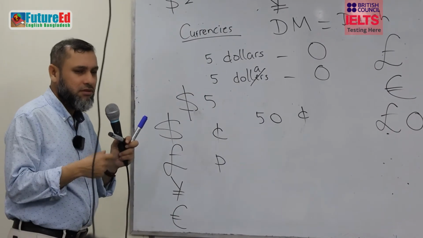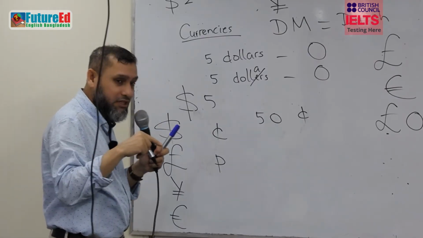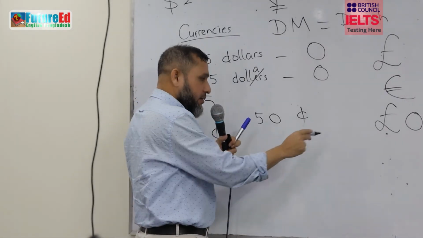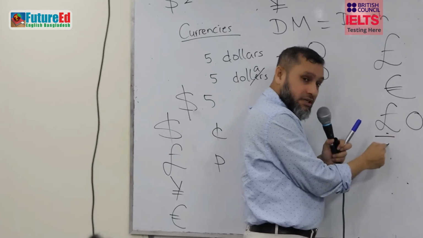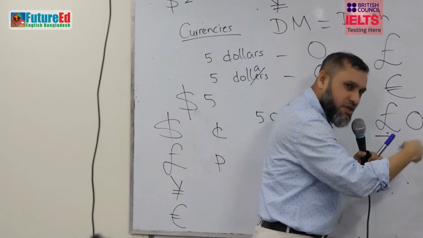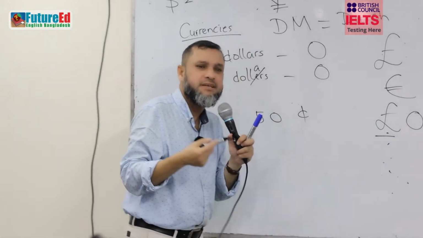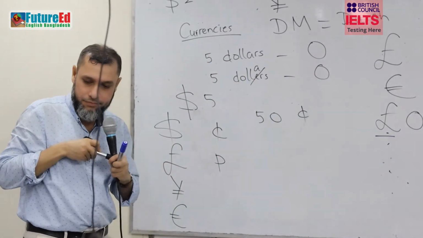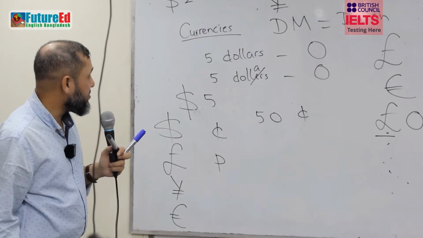That's not the rule. The tradition is for any whole number, the symbol precedes the number. For fractions, the symbol sits after the number. That's the tradition. I hope you can remember this, right?